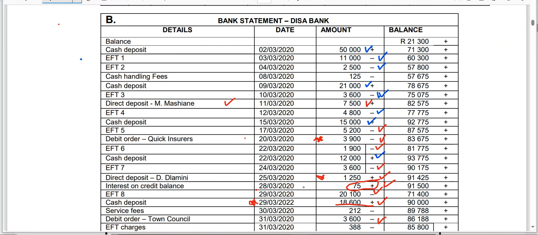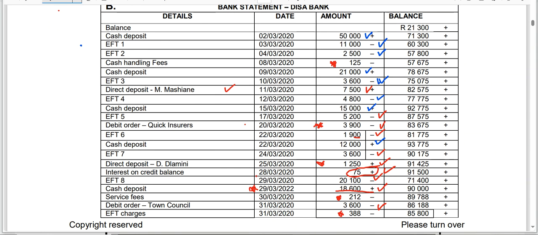Then let's also check what else was not recorded. Let's look at our payments. You can see that this item here was not ticked. You can also see that this item here was not ticked, and also this one. So we need to make sure that they are also recorded.